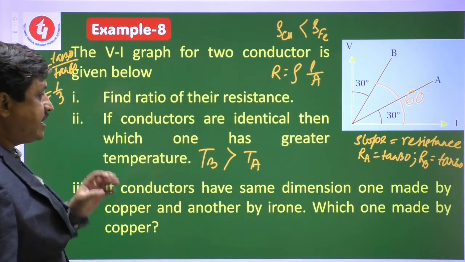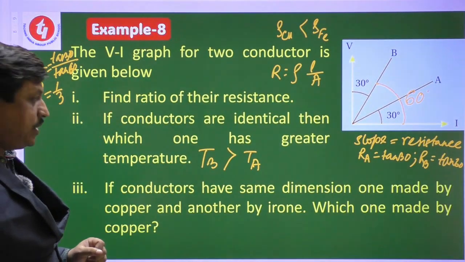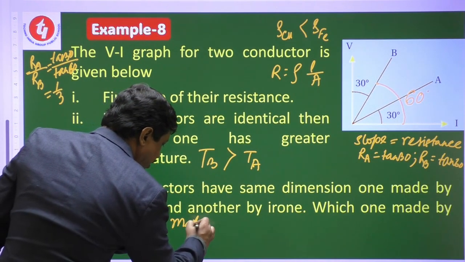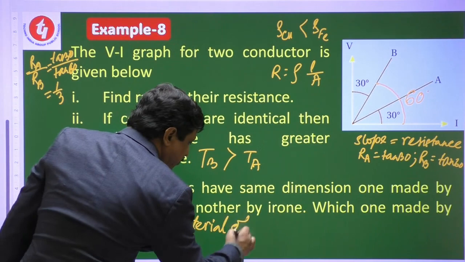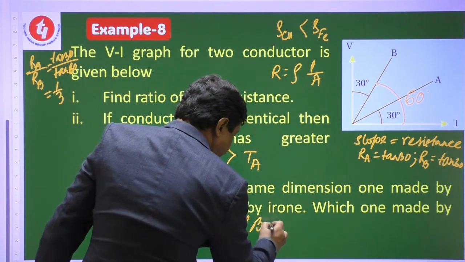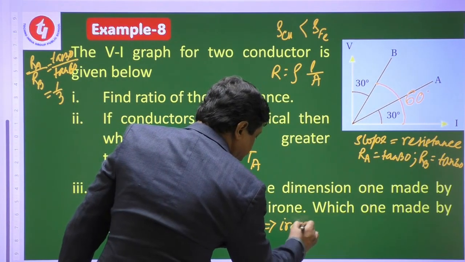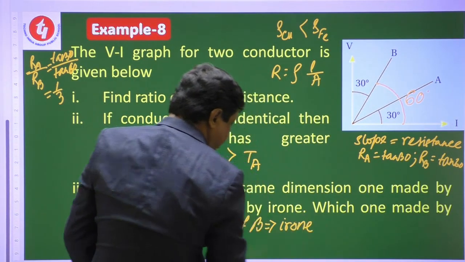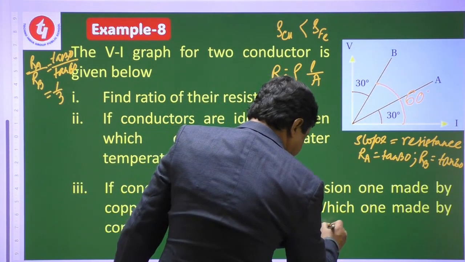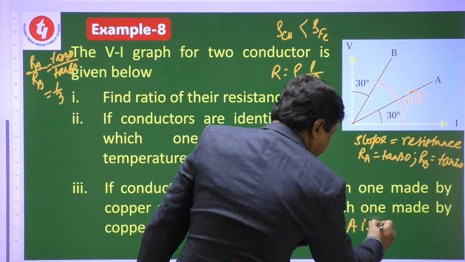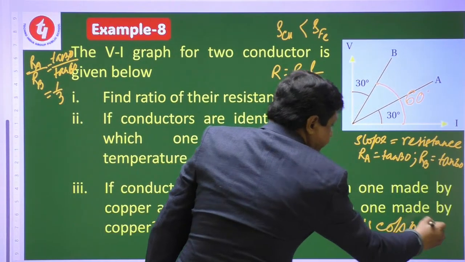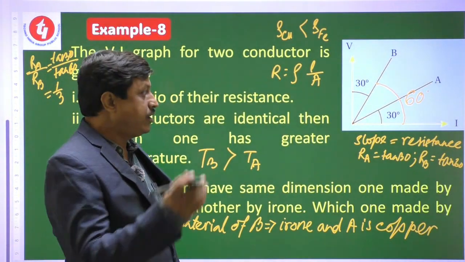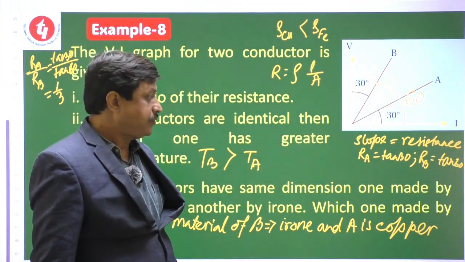That means resistance is greater in B. So obviously the material of B is iron, and A is copper, because resistance of copper is less than the resistance of wire B, right?